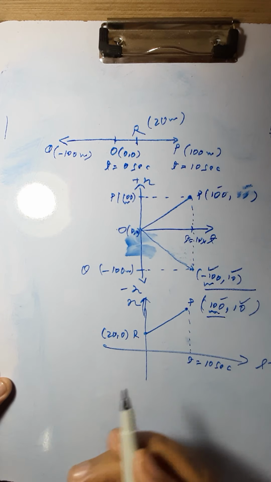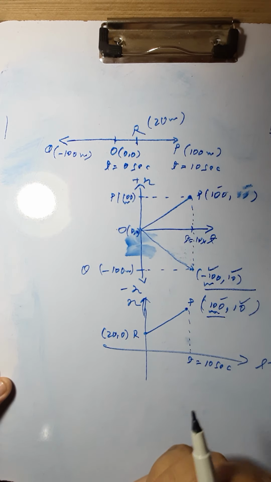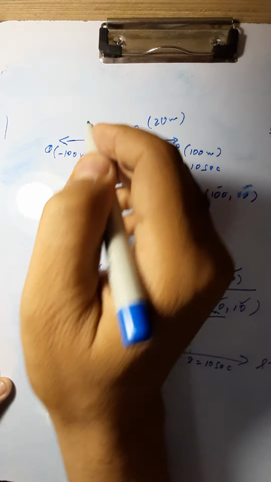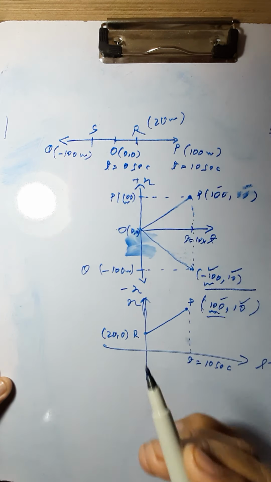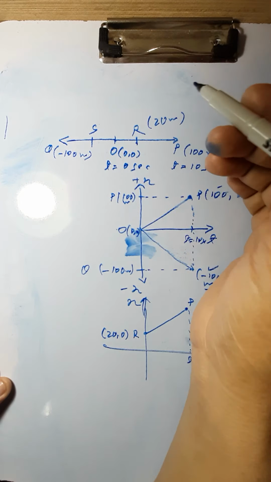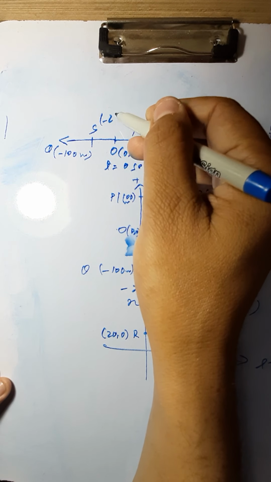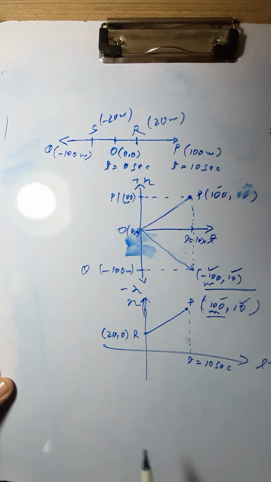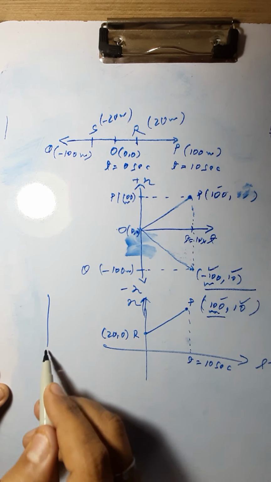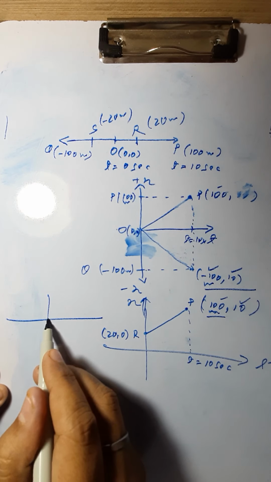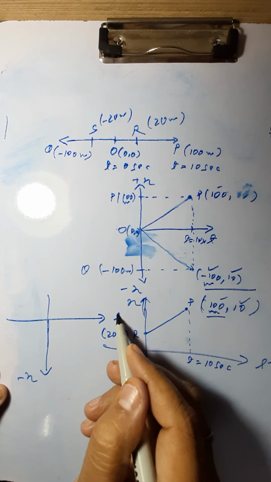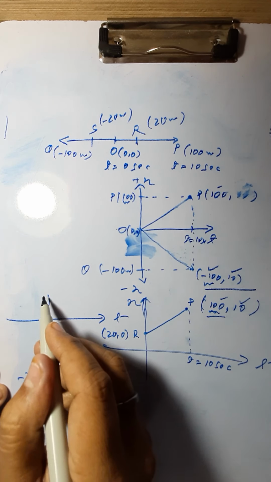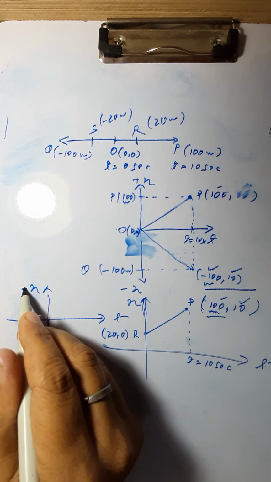Similarly, if the particle were at point S, whose coordinate was minus 20 meter, at time t equal to 0 second, negative x-axis, time, so at t equal to 0, positive x-axis.